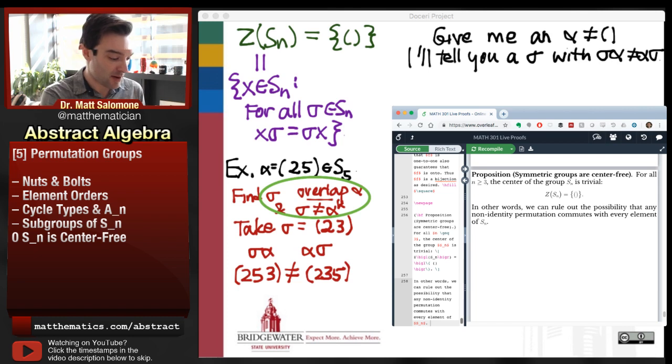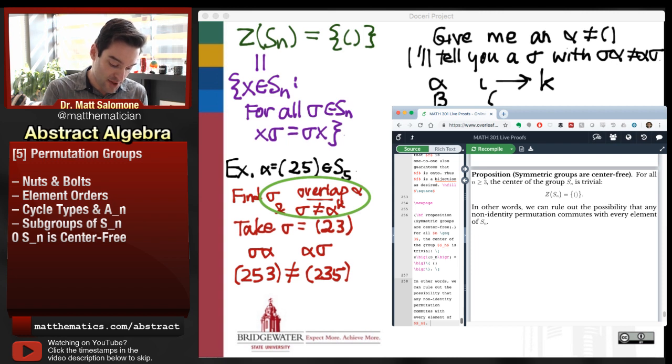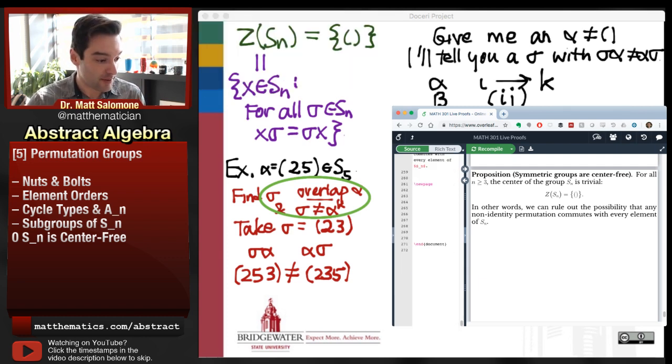So here's, I guess, how I would generalize this: if alpha sends position I to position K, let's say, then I want beta to be the transposition of I with J. And we can show then that those don't commute. Okay. So let's just write up this proof, and then we'll be all done for the day.